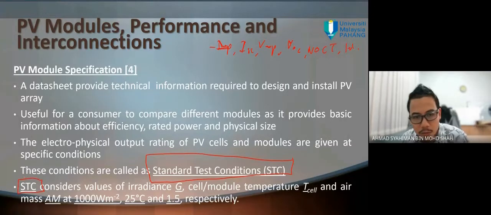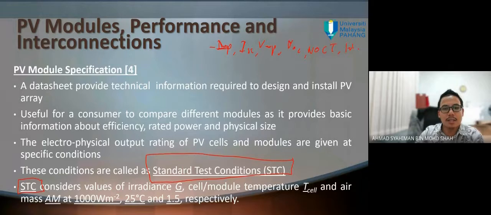It considers the value of irradiance. Three important parameters here: irradiance, cell module temperature and air mass, AM. Irradiance should be 1000. Cell temperature should be 25.